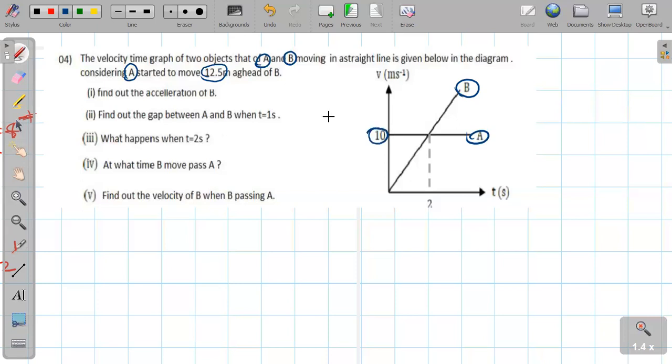A starts to move. Right. So here you have to find out the velocity. So B acceleration. How to get it?